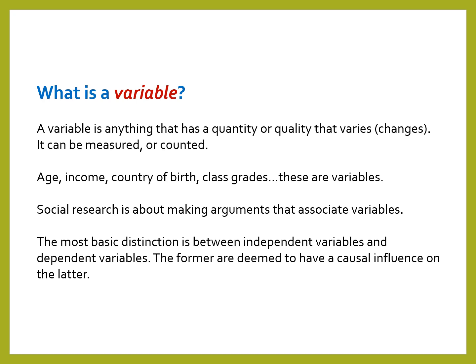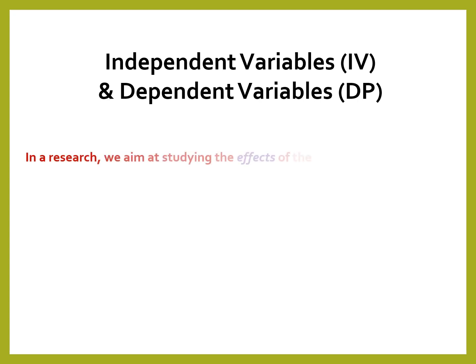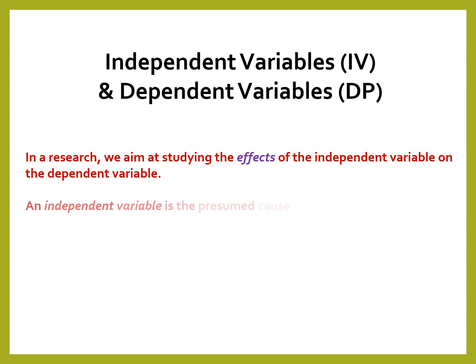Basically, independent variables are deemed to have a certain causal influence or effect on dependent variables. Let's expand on this a bit more. Let's take an example to begin with. For instance, in the study of cigarette smoking and lung cancer, cigarette smoking will be the independent variable, and the health of the smoking person will be the dependent variable.